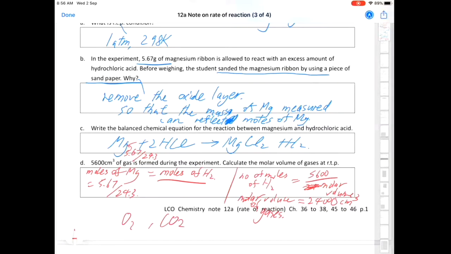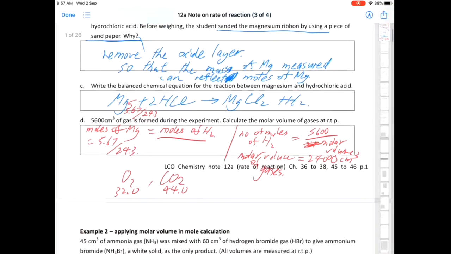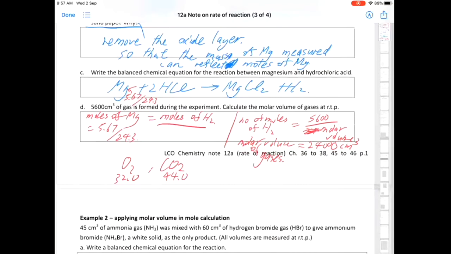You just calculate their molar masses. For oxygen it is 32.0, and for CO2 it is 44.0. Because mass is directly proportional to density, you can say that CO2 is denser than oxygen. Can you see the idea? That's why you can use a fire extinguisher to displace oxygen from the environment and stop the fire.